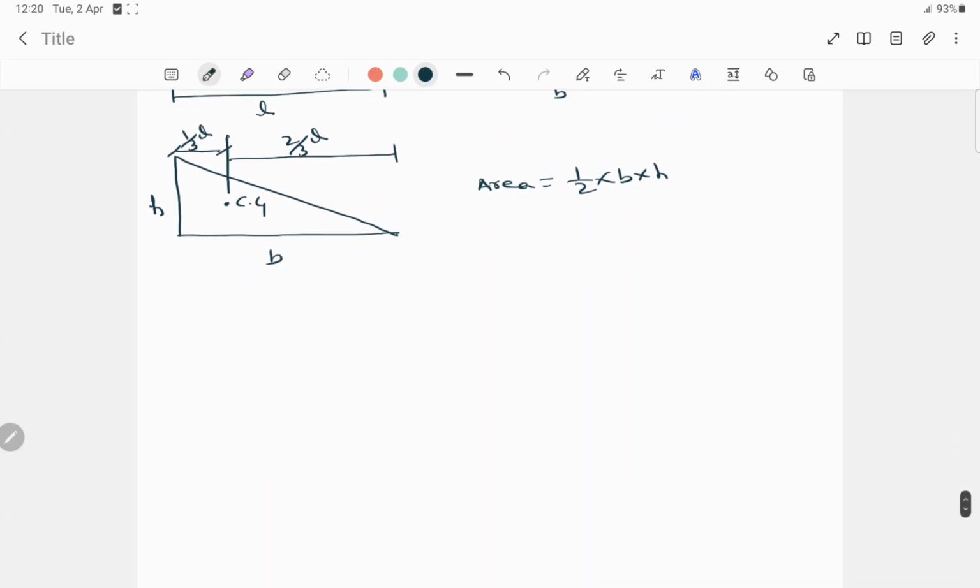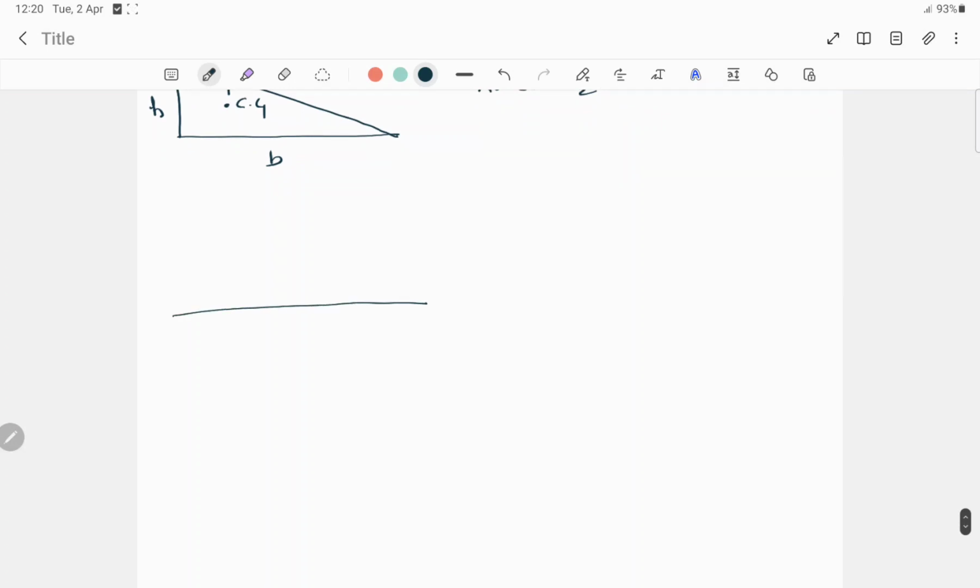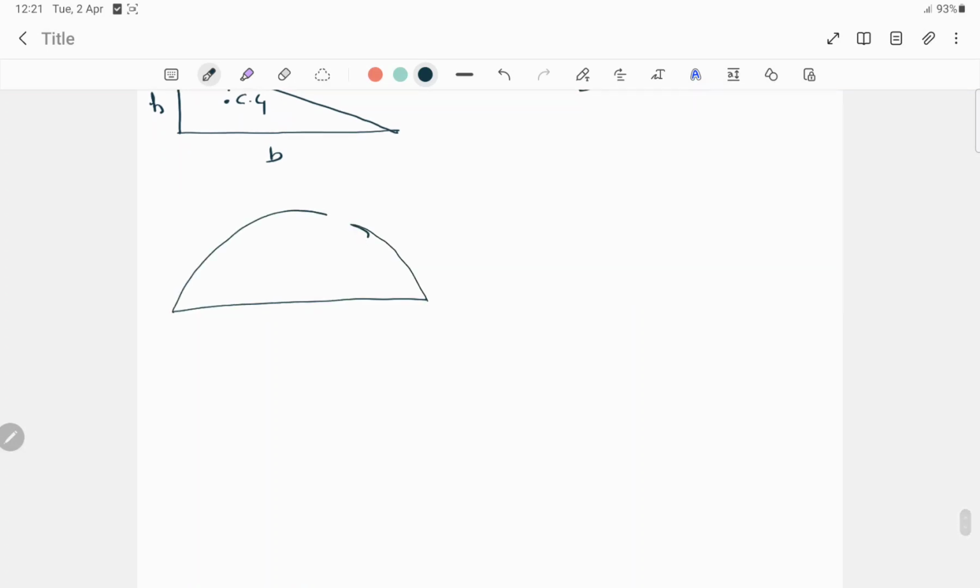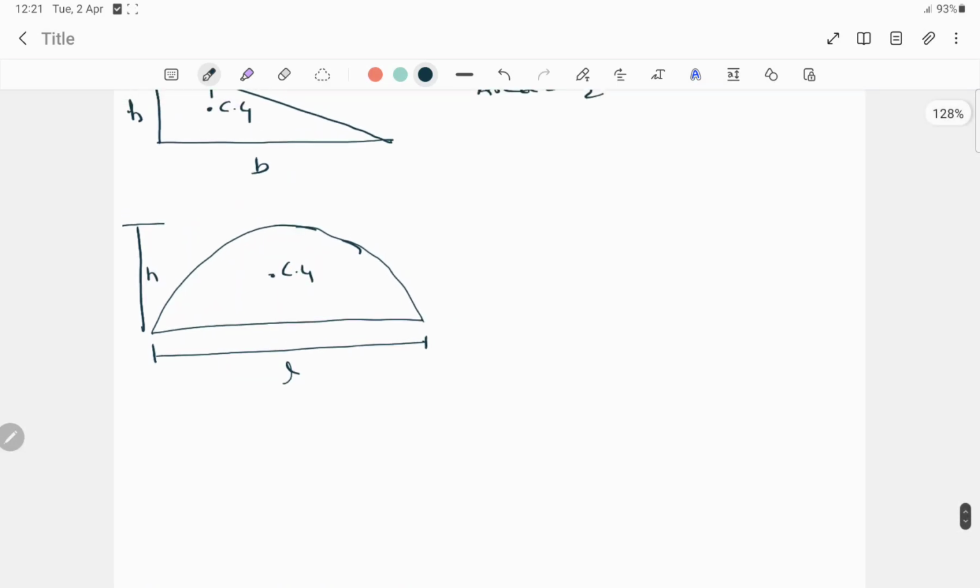Now if our bending moment is like this, it's parabolic. Let this be H and this be L. To determine the area for this type of bending moment diagram, the formula is 2/3 of H into L. Here we draw an imaginary line, and this part is equal to this part.